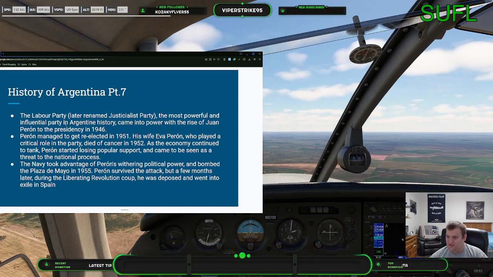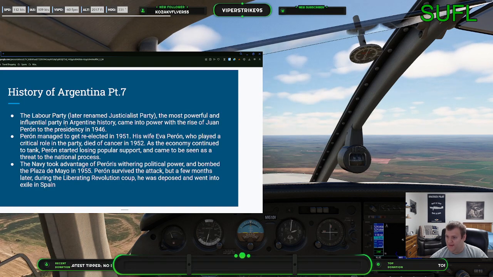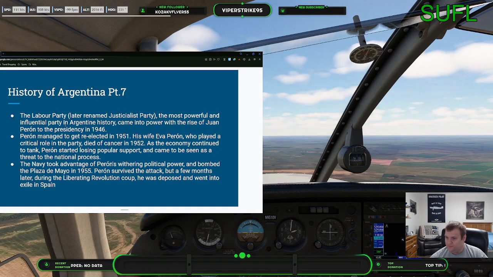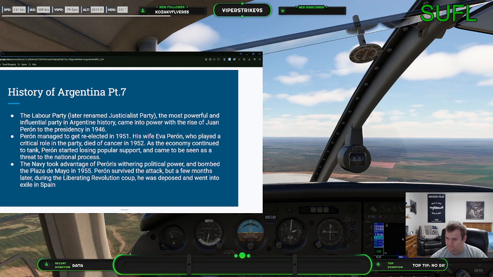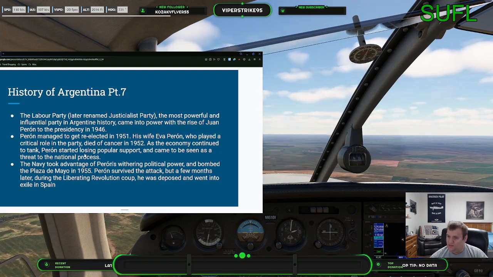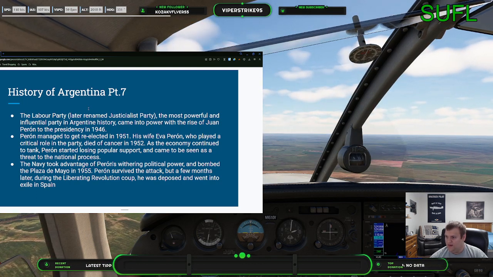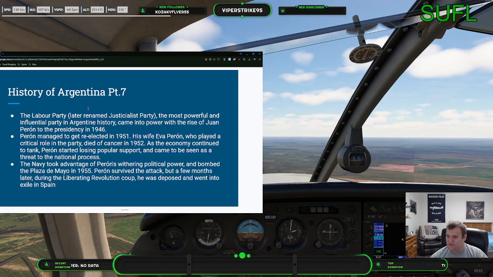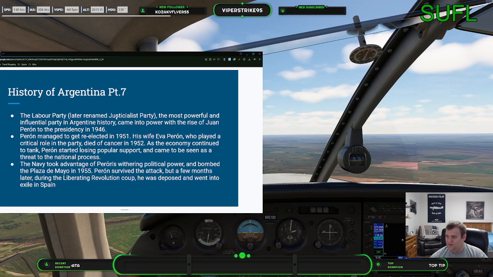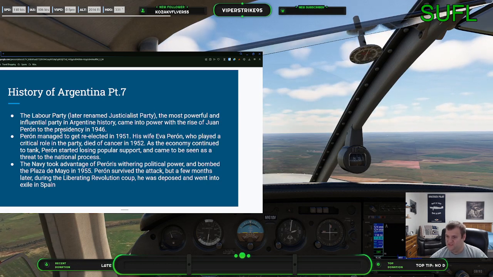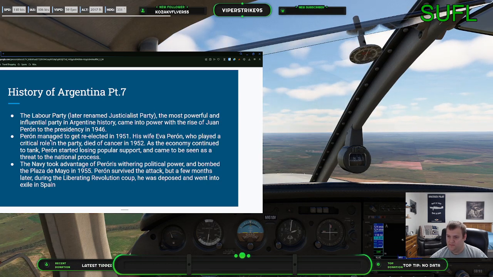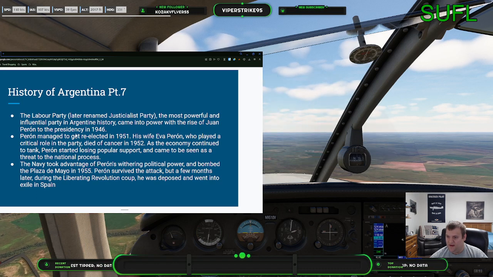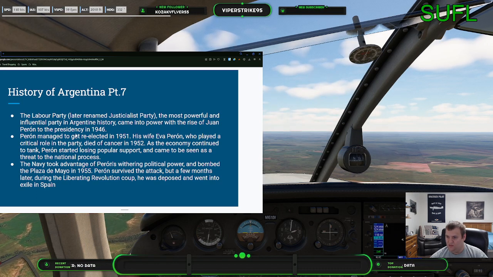However, he also did a lot of political suppression. Perón tried to get reelected thanks to his wife. However, with the economy tanking, he lost a lot of public support, and eventually, during a coup, he was deposed and a new government was put in place by head of state Pedro Aramburu.